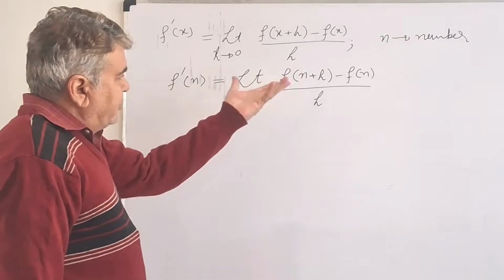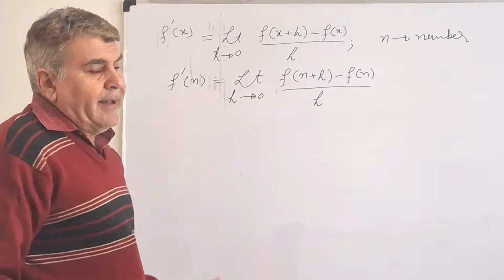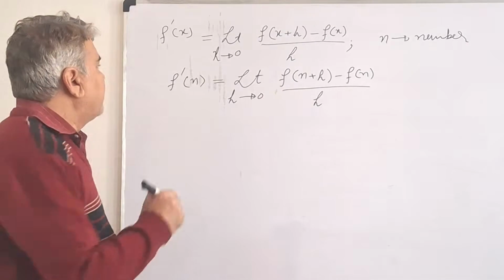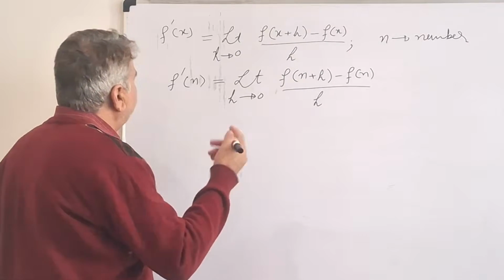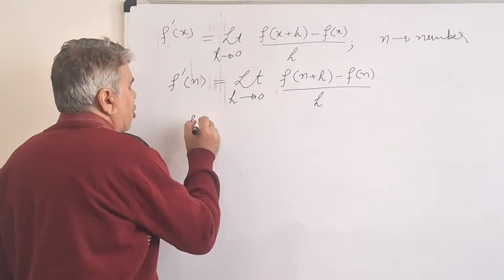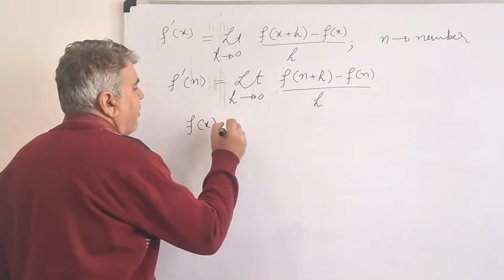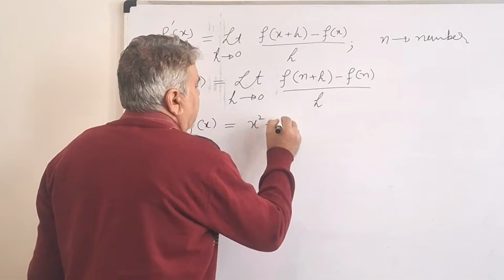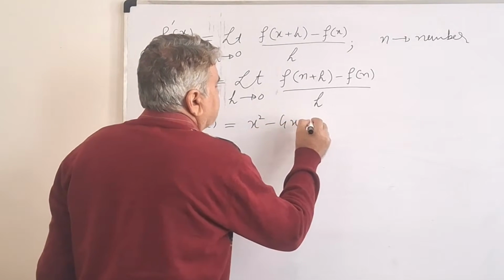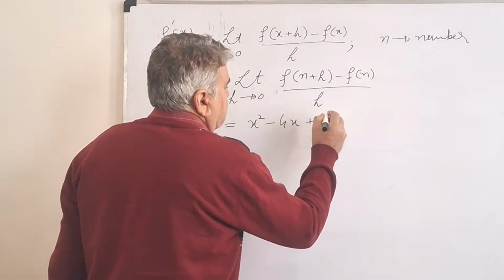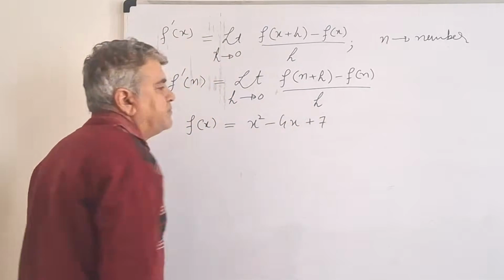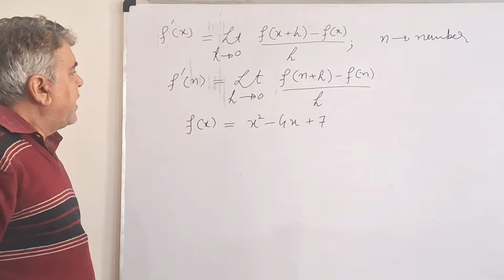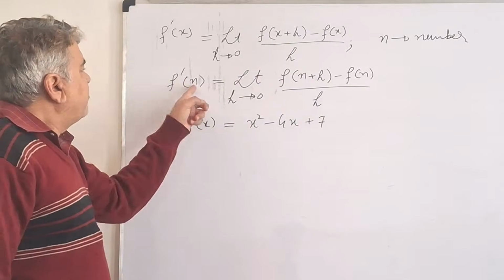This is now a general procedure, and here I want to apply this procedure to a quadratic function. You can take any function, but I just consider a quadratic function of the form x squared minus 4x plus, say, 7. This is a quadratic function, and I want to find the derivative at number n.